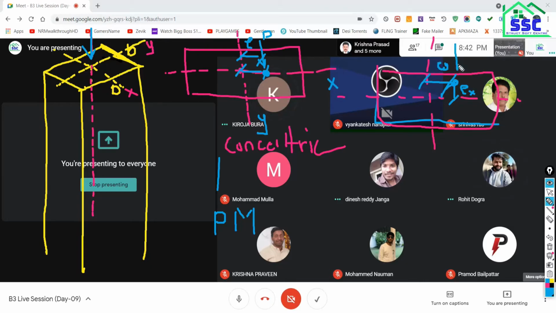So here axial force is there, then moment about the x axis and moment about the y axis. Is that clear? This is a very important point. So there will be three types of column: one is your concentric column, one is your uniaxially loaded column, and one is your biaxially loaded column. Is that clear? Can we proceed?